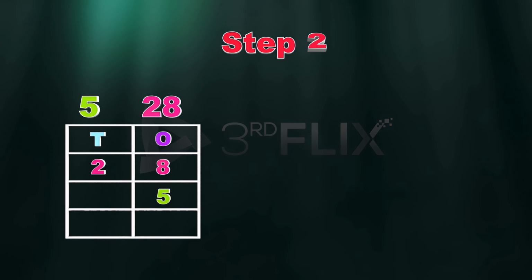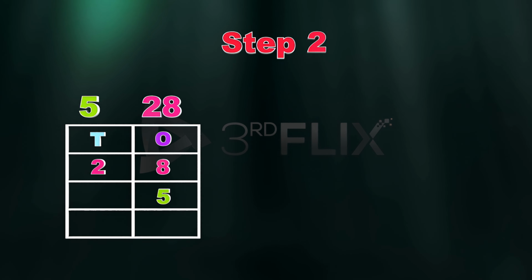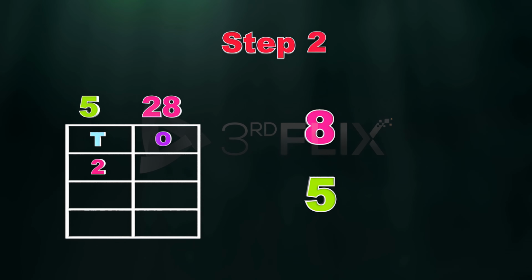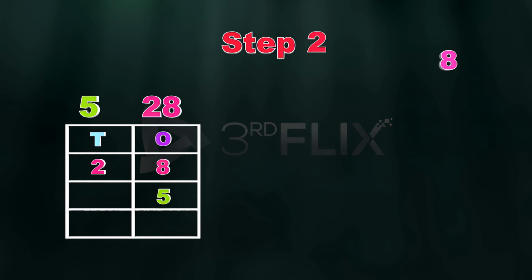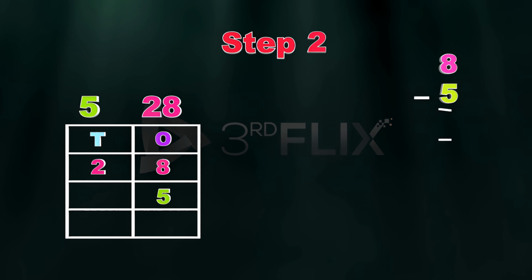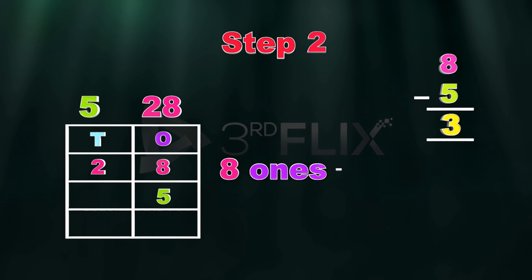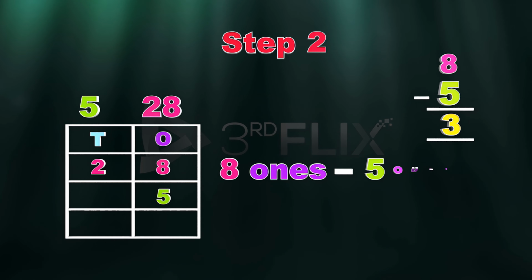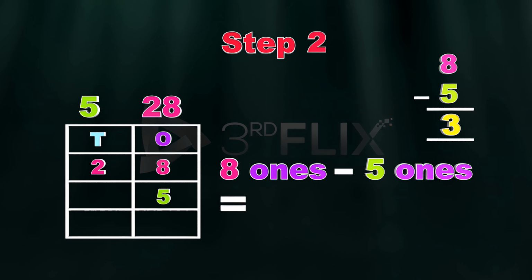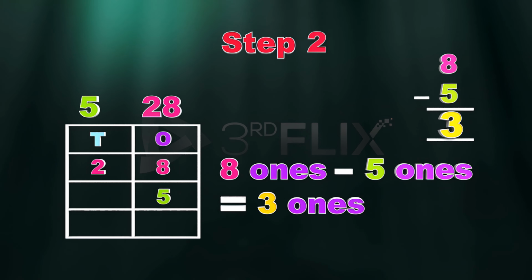Step 2. Subtract the ones column. Eight ones minus 5 ones is equal to 3 ones.